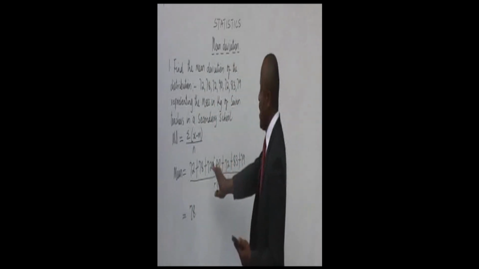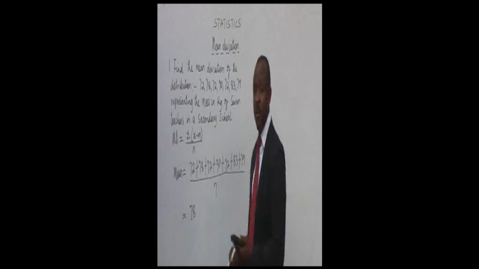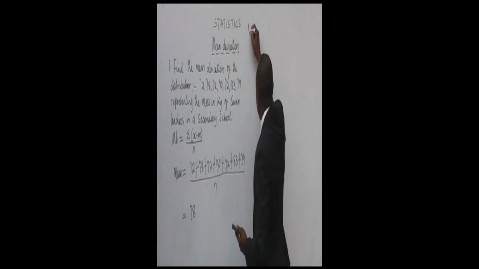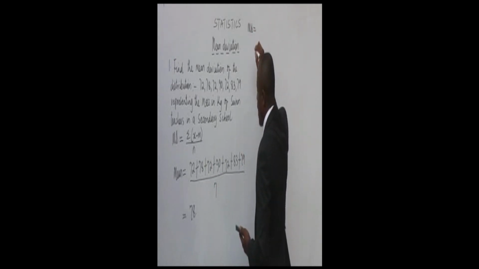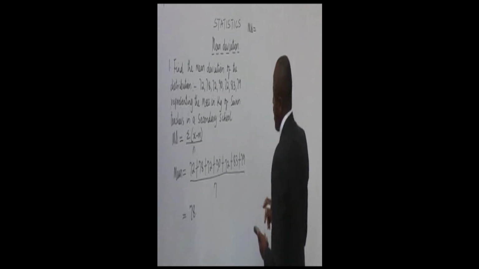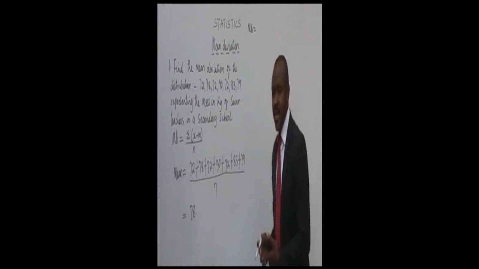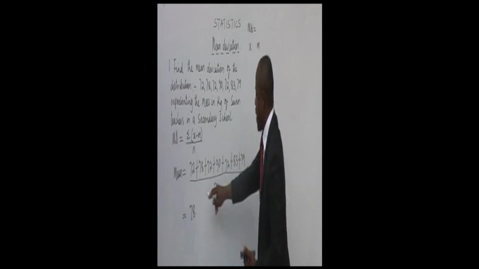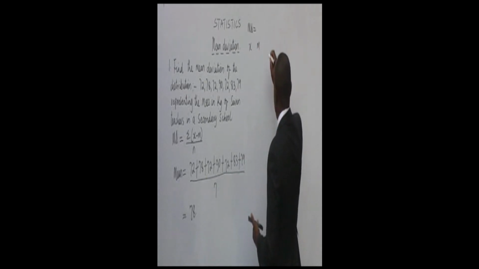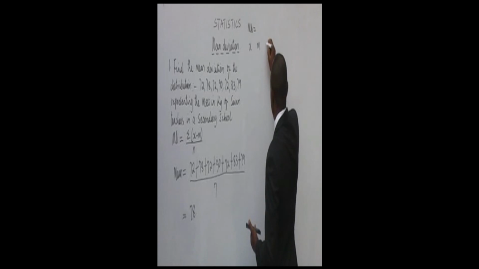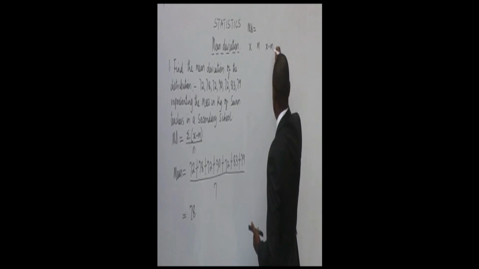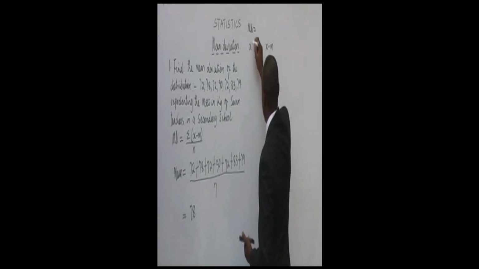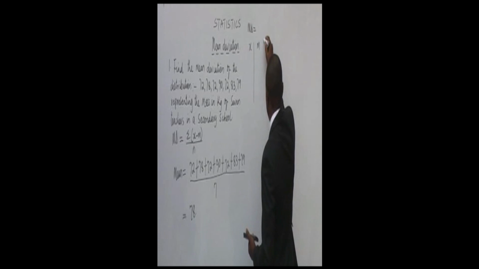Now that we have found the mean, we can go into applying our formula. That means our MD is now going to be calculated from, we are going to create a subsidiary table. X, the numbers, the mean, which we calculated. Then the next thing now is the deviation, which is x minus m. So let's have these values.